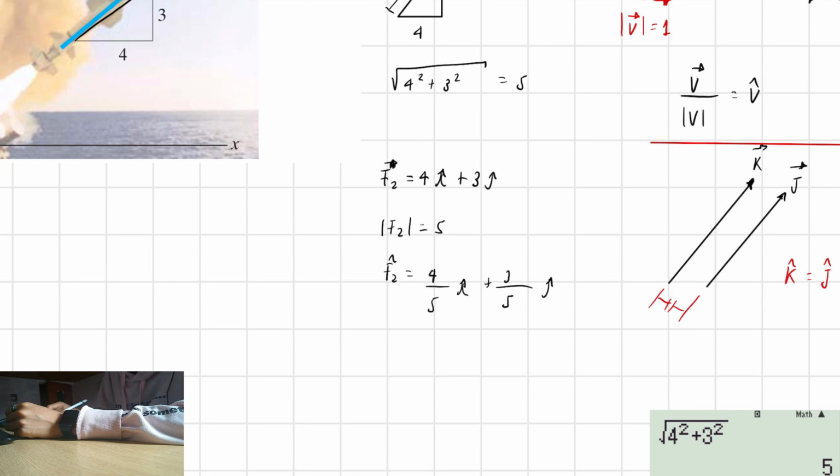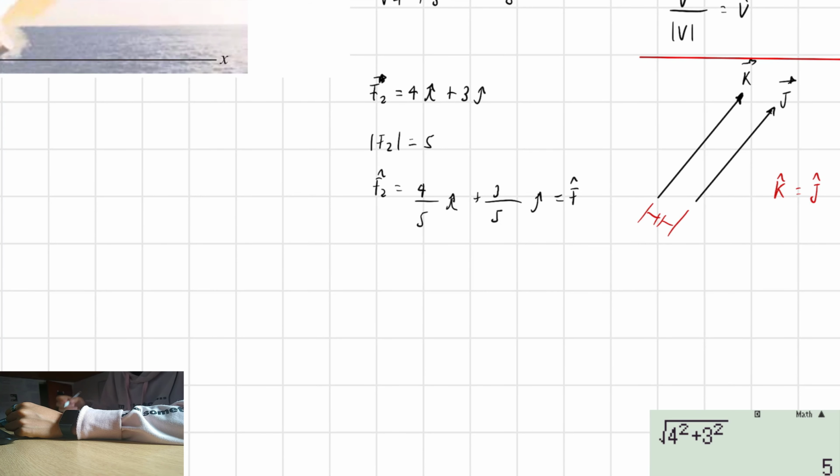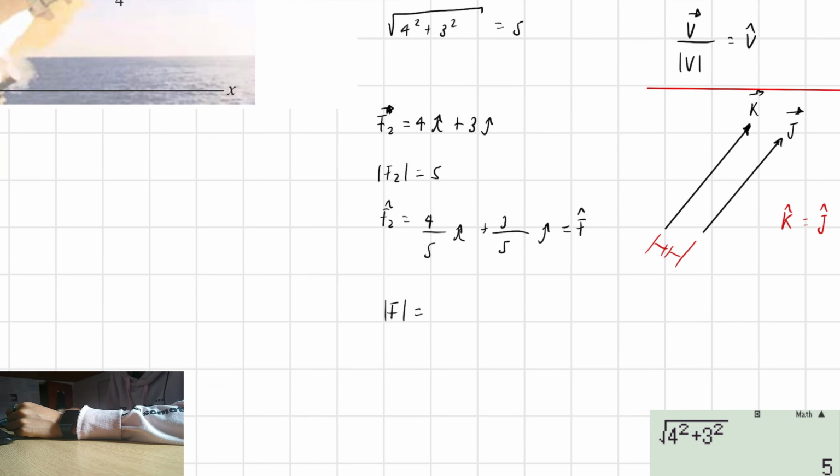Now, this is also the unit vector of F, right? Now we have the unit vector of F. We have the magnitude of F, because the magnitude of F is equal to 260 kilonewtons.